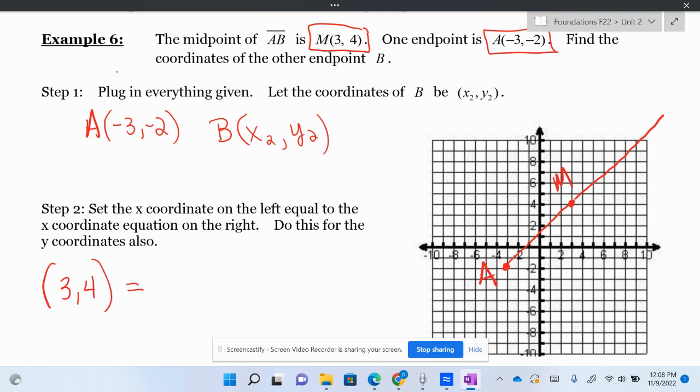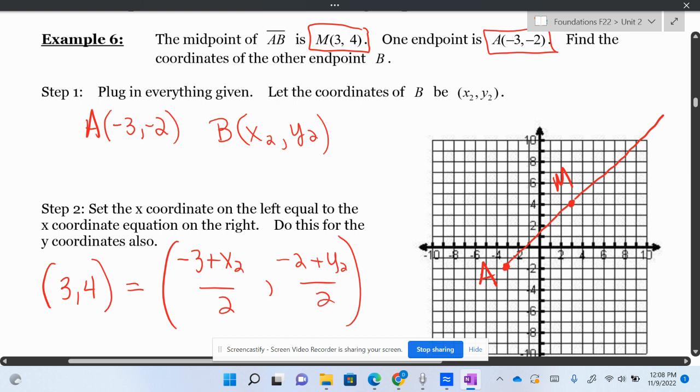So (3, 4) equals ((X1 plus X2) over 2, (Y1 plus Y2) over 2). Does that make sense? No, it doesn't. Why doesn't it make sense, Gavin? You don't like it? It's way easier than what you're thinking.